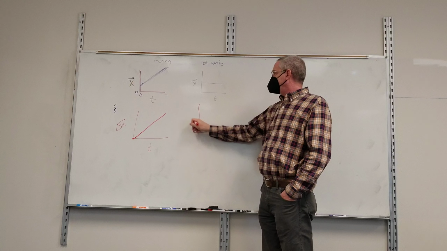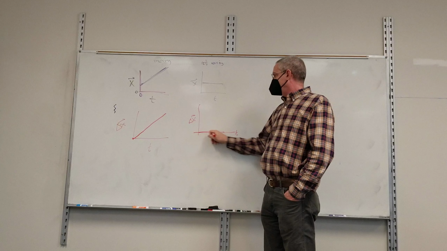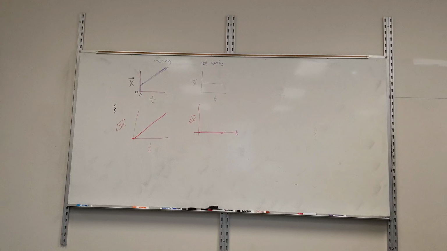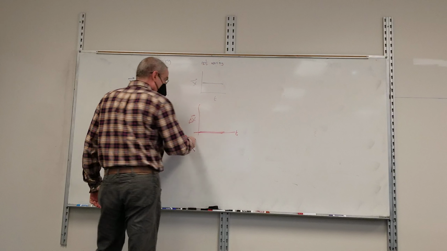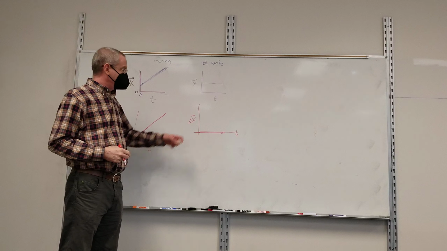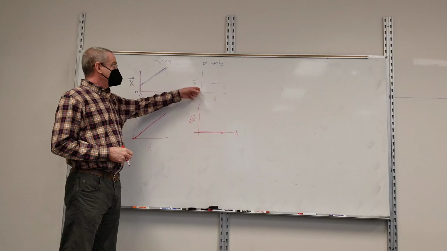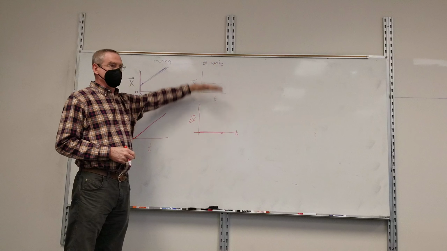Or if it's not moving, and I had displacement versus time, it would just be a horizontal line right there. If I'm at some starting point and I don't move, well, that's what my displacement graph looks like. My position graph looks like that. It's a horizontal line somewhere.